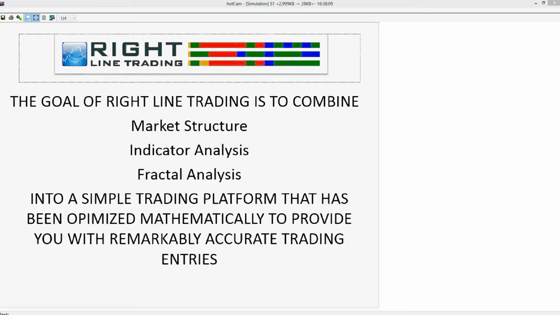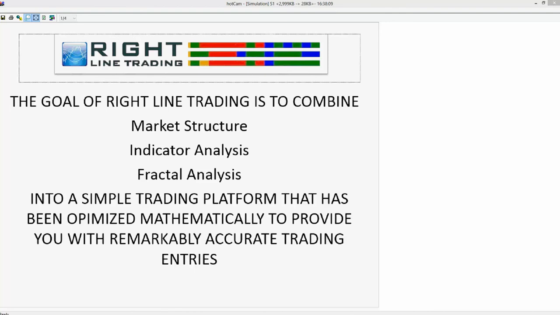And we've combined all of this into a simple trading program, and it's been optimized mathematically. I mean, it's been retrofitted based on a year of market replay data to provide us with entries with a positive predictive value high enough to make you a profitable trader.